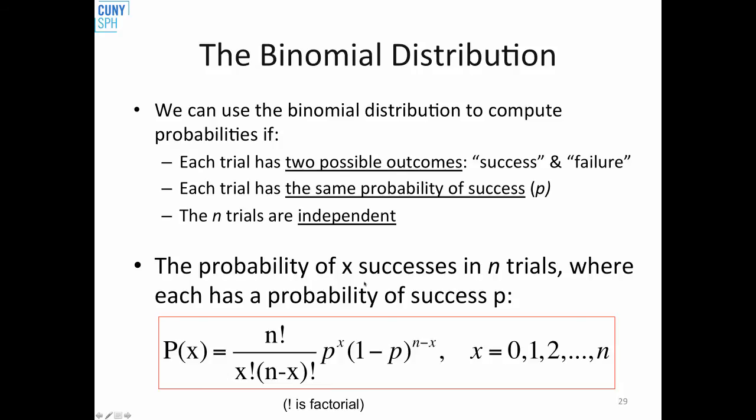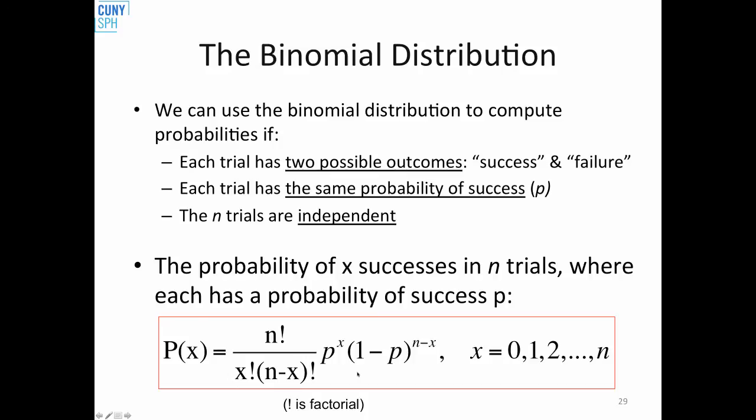If these three things hold, then the probability of x successes in n trials, where each of those trials has a probability of success p, is given by this equation, which is the binomial distribution. In here, the exclamation point is a factorial, which you can calculate on a spreadsheet or using the binomial distribution in your software.